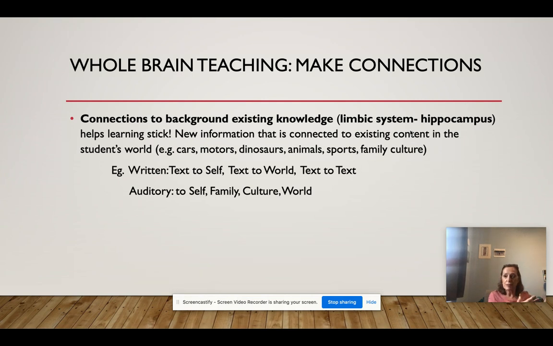So if there's an interest a student has, like, for example, I put down cars, motors. So when I would teach about energy in our body and how we can go slow like a car that's going uphill and running out of gas, kids can relate to that, right? Or we can drive just right, go in the speed limit on the freeway, and then my energy's good and I'm in the calm zone, my green zone.